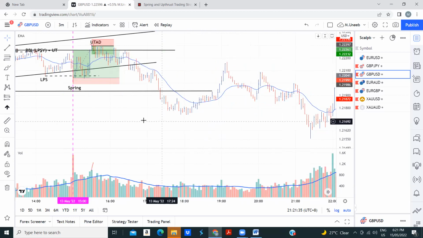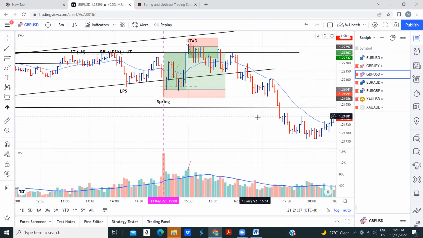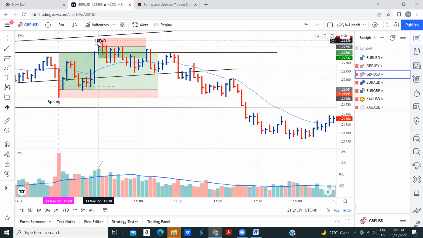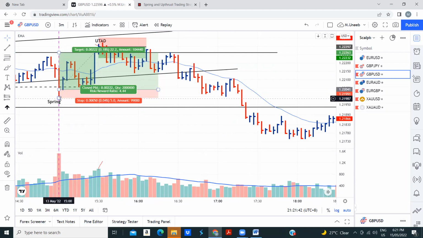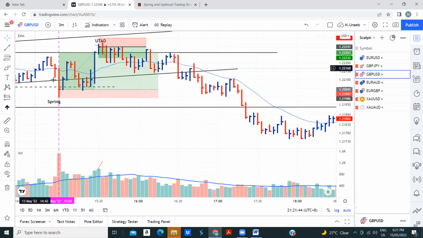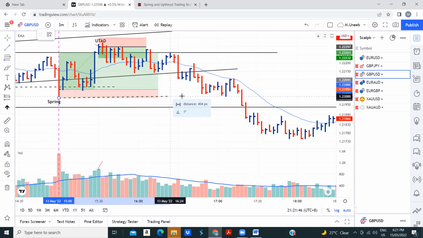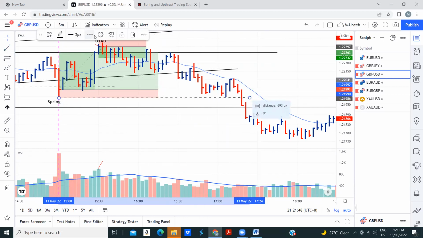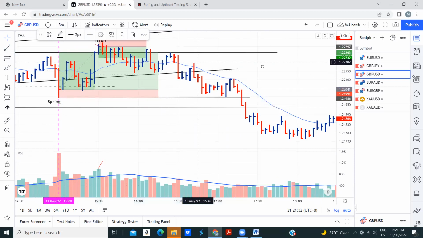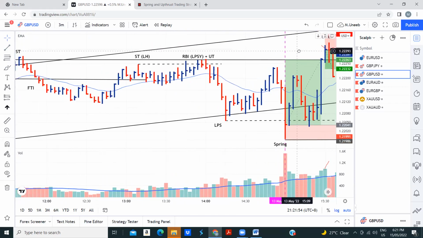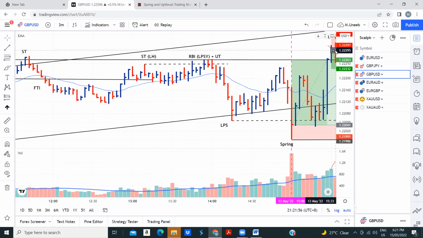At this point, what was the last swing low? The last swing low was a spring, this one, right? At this point, we don't know anything about this data. So if you're taking entry, our last low was this, right?